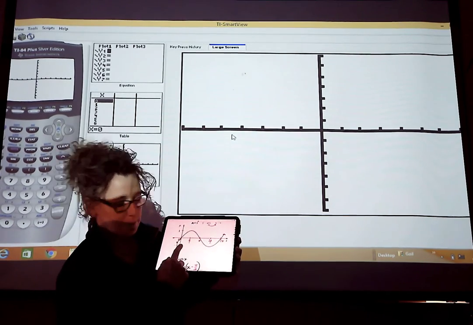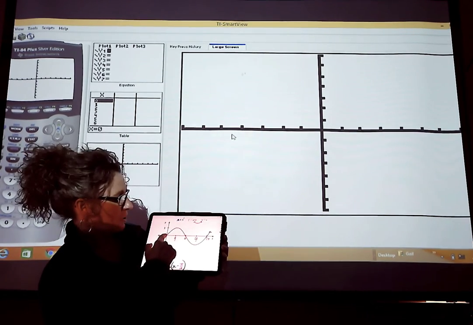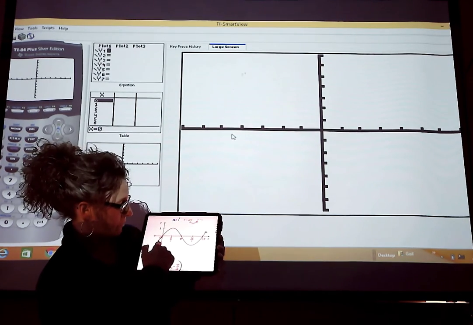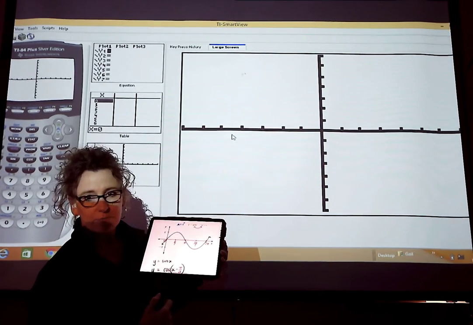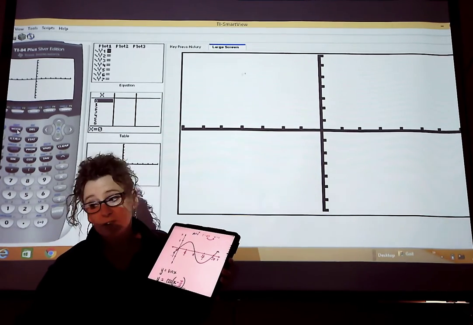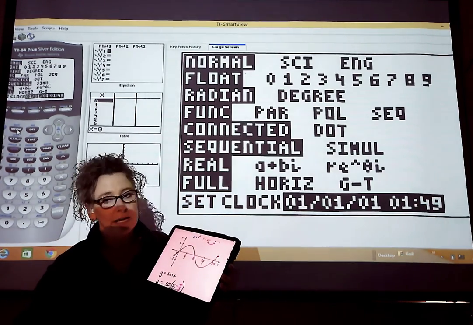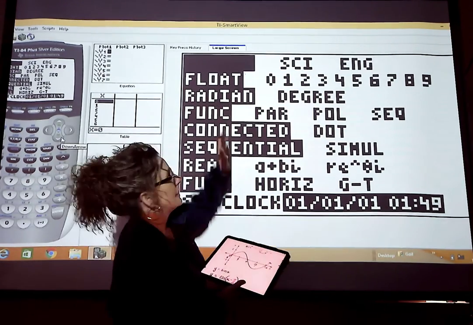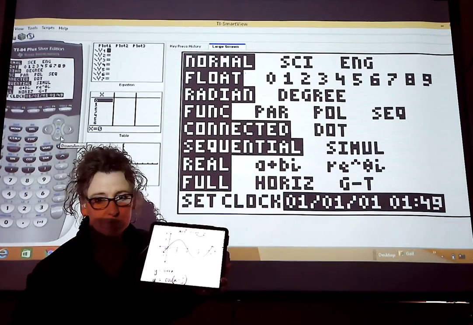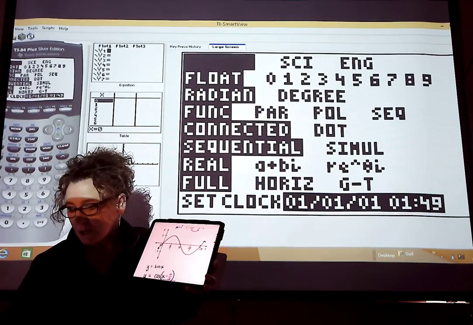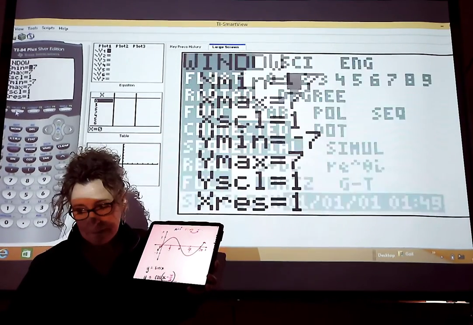On this example, my x's go from 0 to 2 pi, and my y's go from -1 to +1. So first, I'm going to turn on my graphing calculator and go to mode, and make sure we're in radian mode, because our x's are in radians. Then I go to my window.